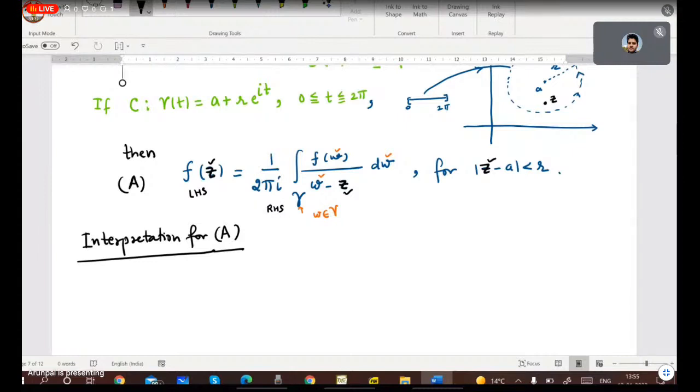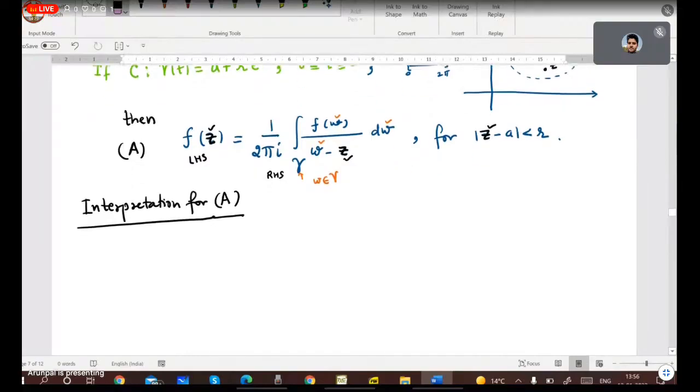This is something very basic which you know from maybe 9th class or 8th class: if A is equal to some expression B, then if you know B, you can determine A, and if you know A, you can determine B. It means in formula A, if you know the right hand side, you can determine the left hand side, and if you know the left hand side, you can determine the right hand side. Is this okay, class? Yes, sir.